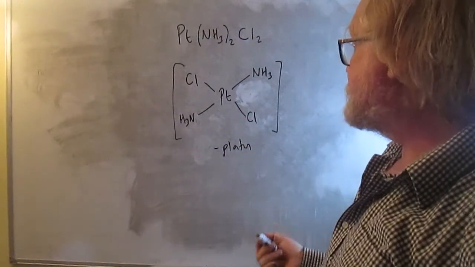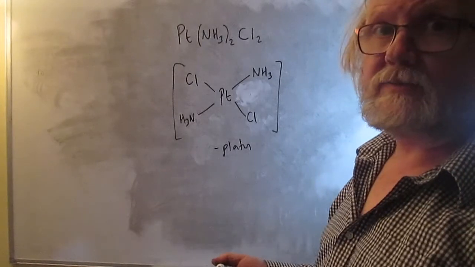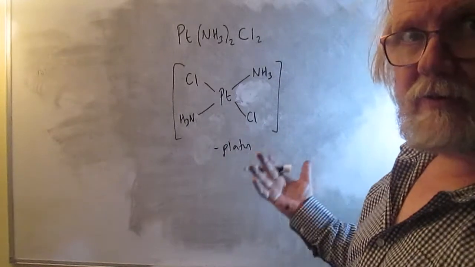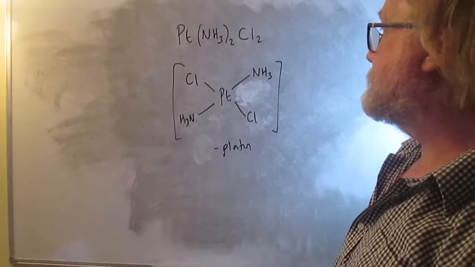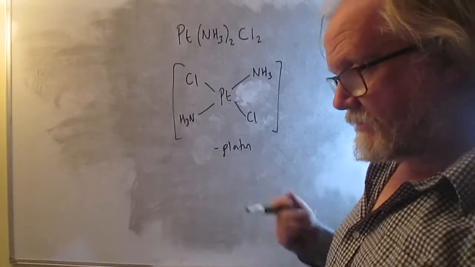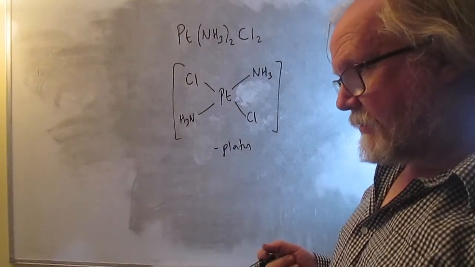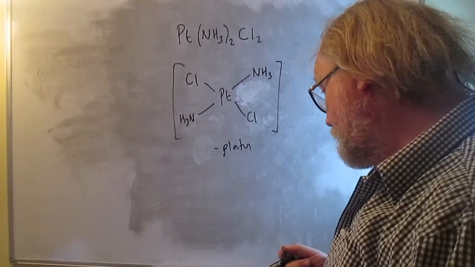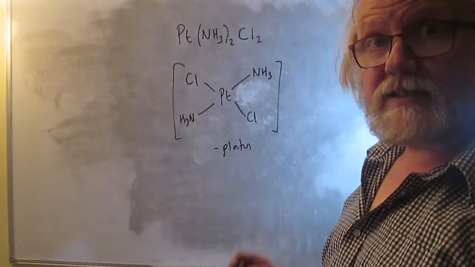So it has cis-trans isomers, but it can't have optical isomers because it's a flat molecule. The plane it's in is by definition a mirror plane, so it will be superimposable on its mirror image. You have to have octahedral complexes to get optical isomers. So therefore only statement 1 was correct, and therefore D is the correct answer.